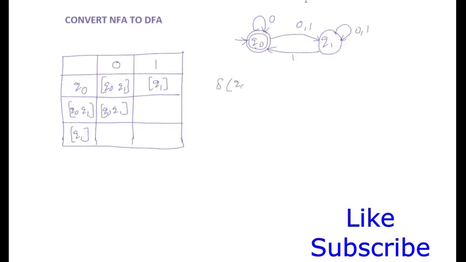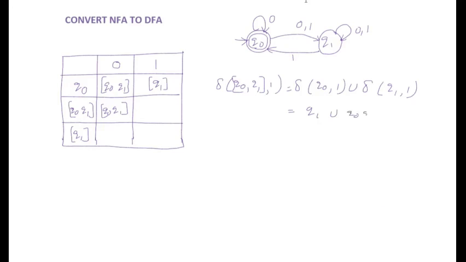Delta of Q0 Q1 on 1, that is delta of Q0 on 1 union delta of Q1 on 1. Q0 on 1 is Q1 union delta of Q1 on 1, it is Q0 Q1. So when you perform union, we will get Q0 Q1.